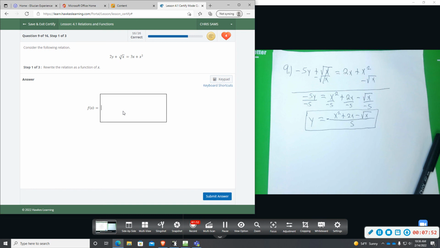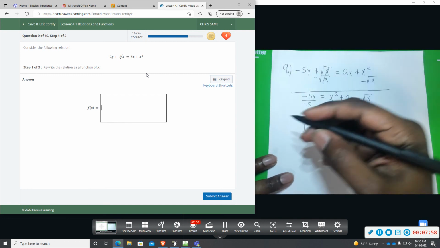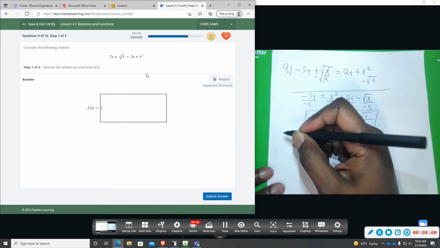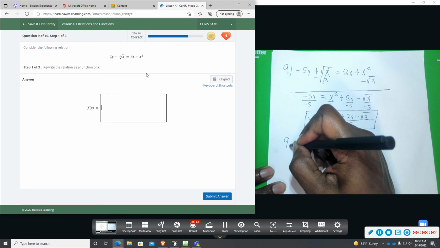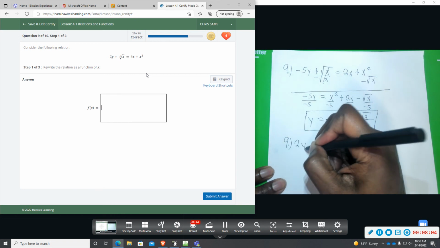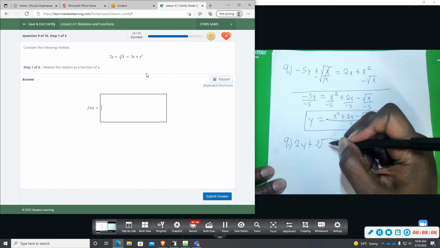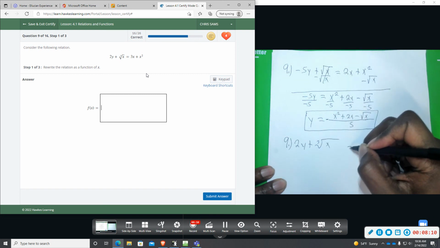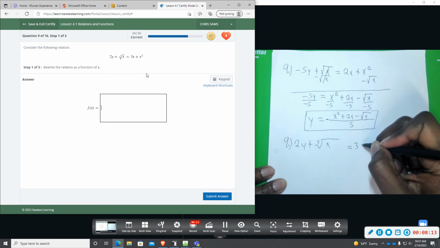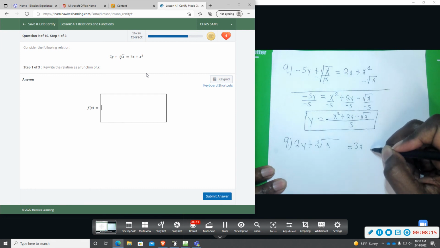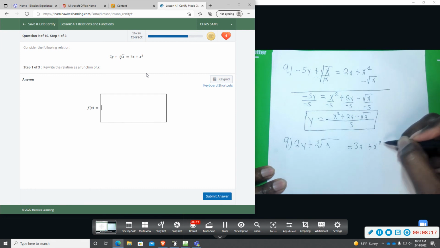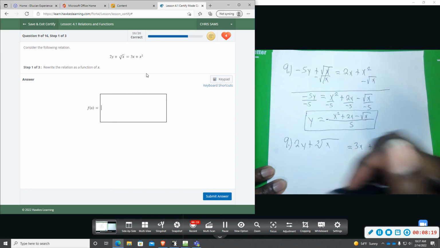So we're going to just do it without, unless I missed there was a cube root right there. I didn't notice that if that was the case. So let's try that one again. 2y plus cube root of x, 3x plus x squared. So I'm going to subtract and move that over.